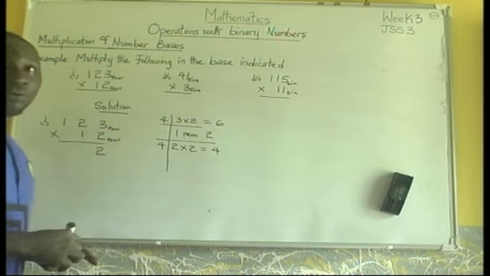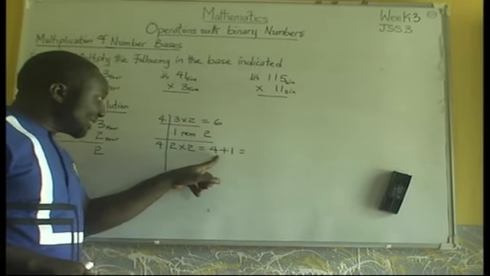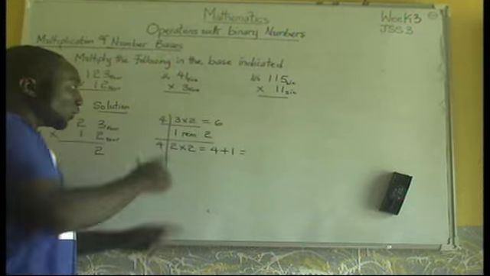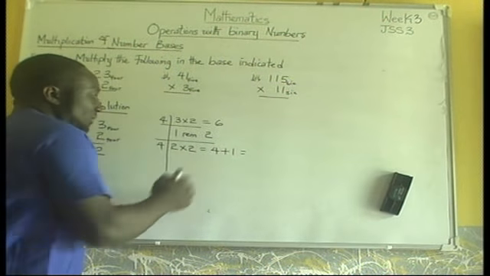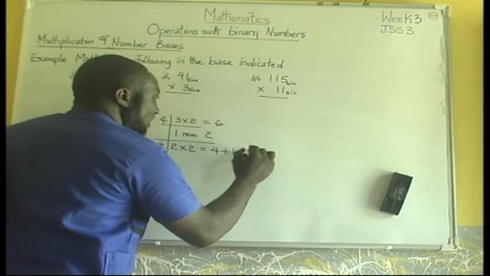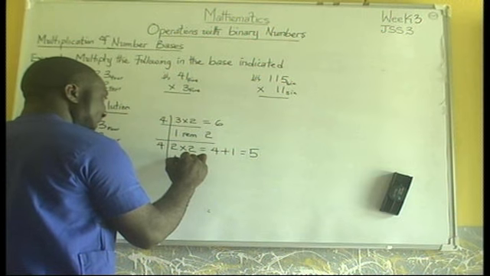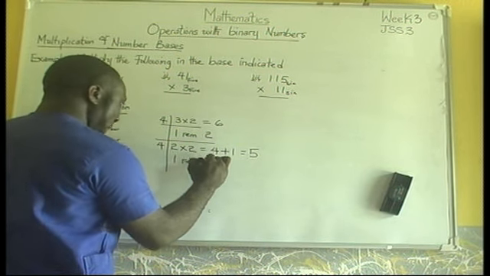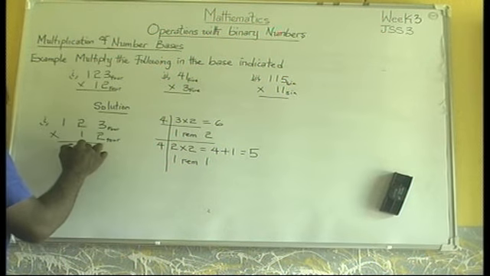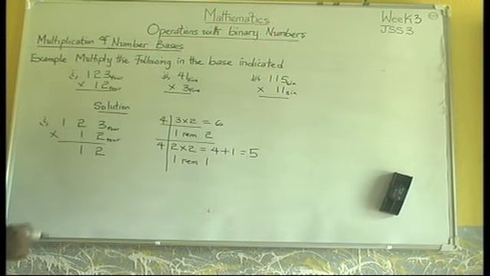But before you test the 4, you operate this 4 on this 4. You add this one, which is 4 plus 1 is 5. Now let's operate it. 4 in 5, 1, remainder 1. So you put this 1 here. Hold on for this one.